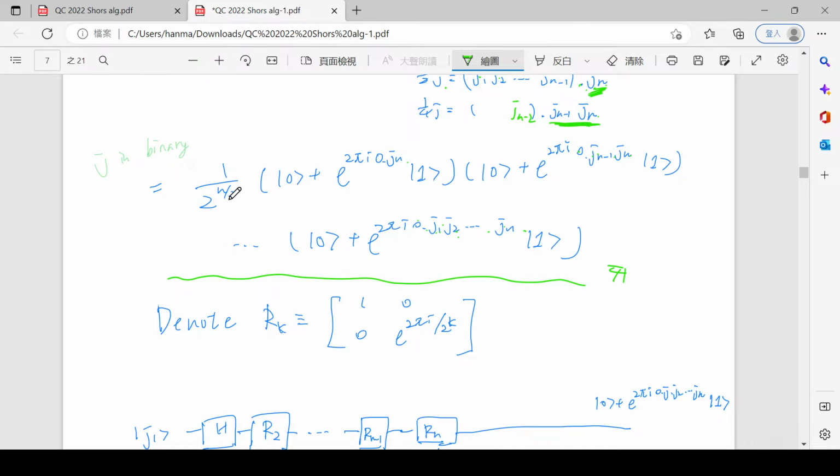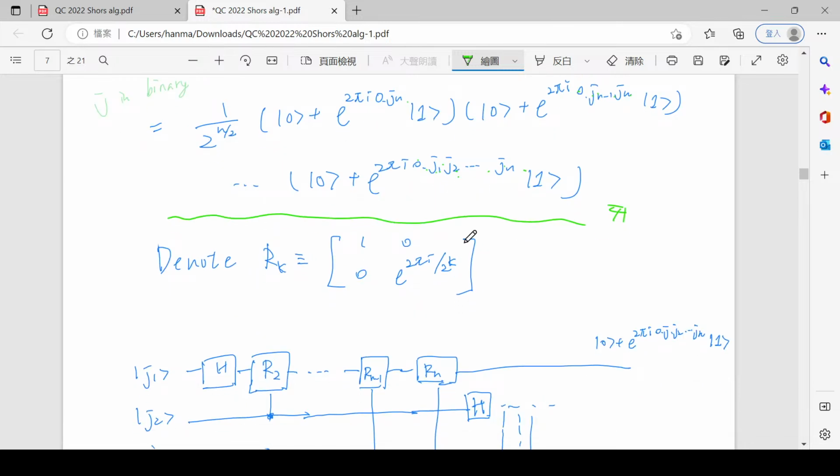Once again, this is 1 over 2 to the n over 2, and then every bit is like 0 plus 1, but you have this e to the 2 pi i 0 dot Jn, e to the 2 pi i 0 dot Jn minus 1 Jn, and e to the 2 pi i 0 dot Jn minus 2, Jn minus 1 Jn, and you get one more bit of this J sequence each step, and in the end you have e to the 2 pi i 0 dot J1, J2 dot Jn.